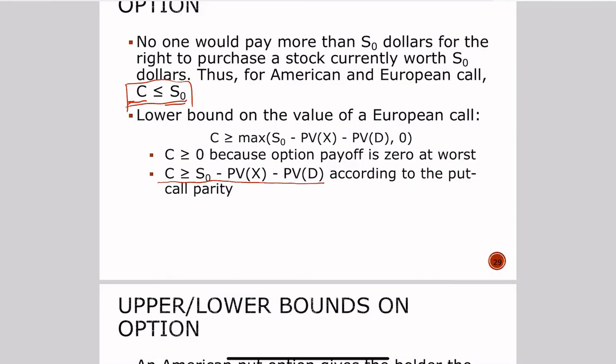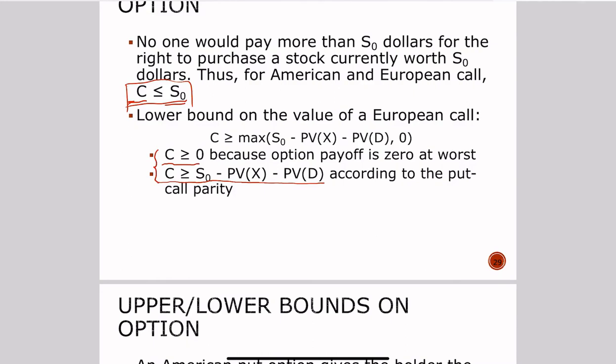Of course, there's another caveat here. We know that the call price cannot be negative, so we have to add this additional requirement: the call price is larger than 0. So the call price has to satisfy these two lower bounds.